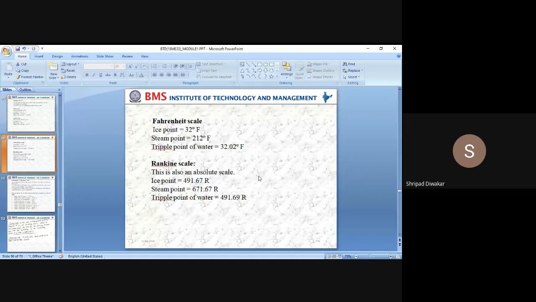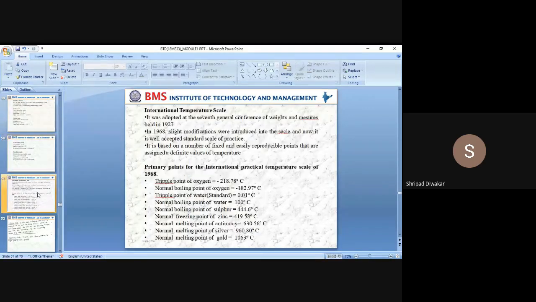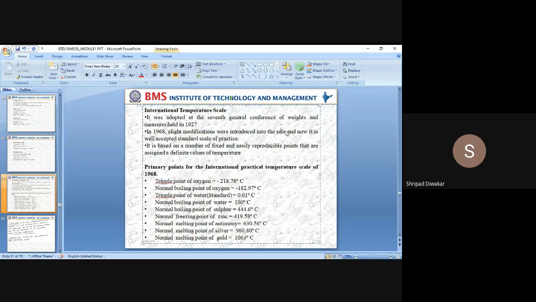Next, the most important part is the International Temperature Scale.